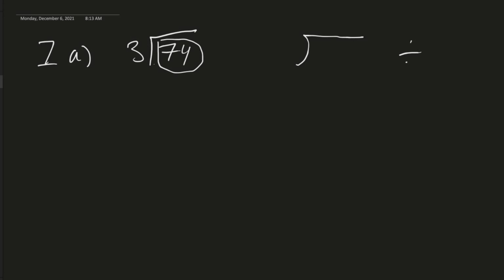If you were to write this normally, you would say 74 divided by 3, but when we put it this way, we get the ability to do it on paper much easier, and it works out nicely.